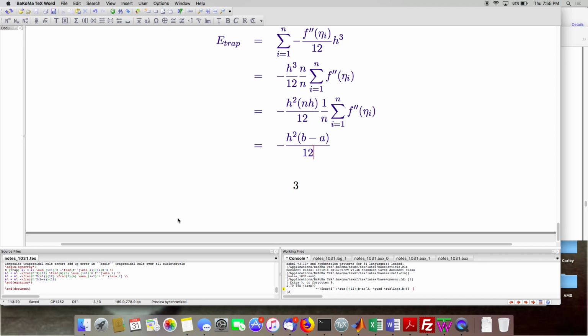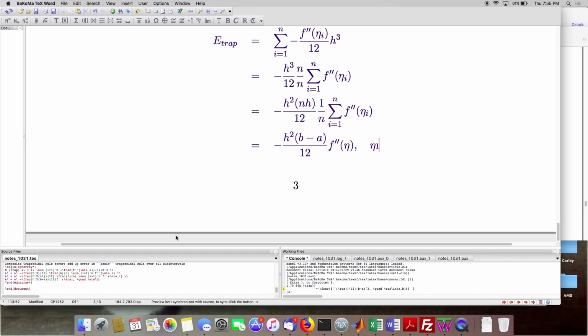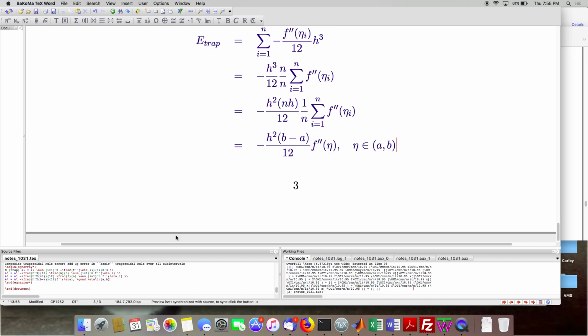So I can replace this with f double prime at some unknown point eta in [a, b]. The intermediate value theorem is something that can be used to justify that replacement.